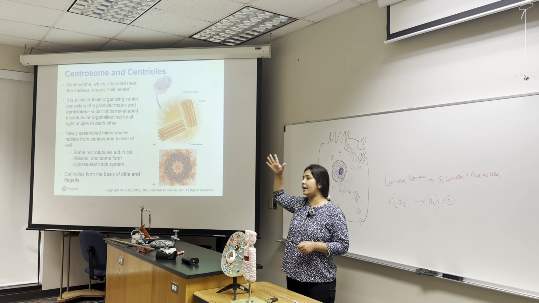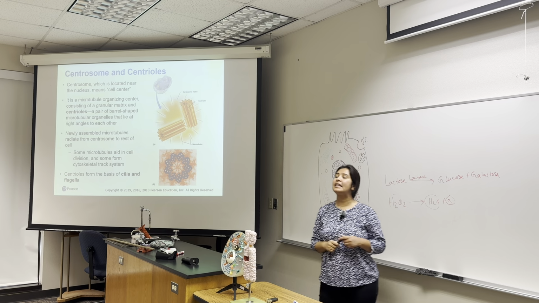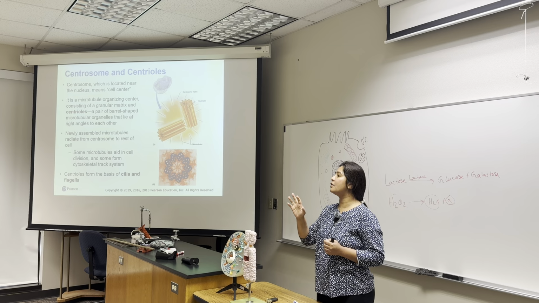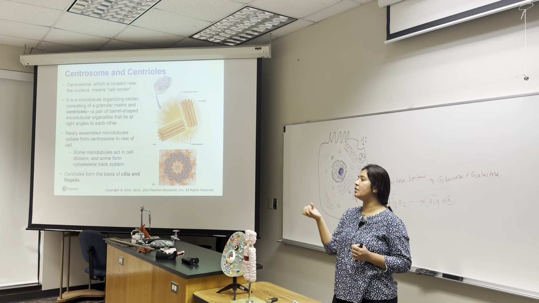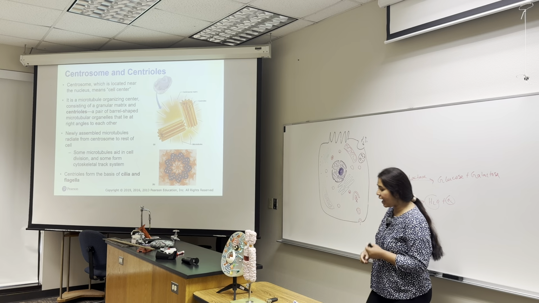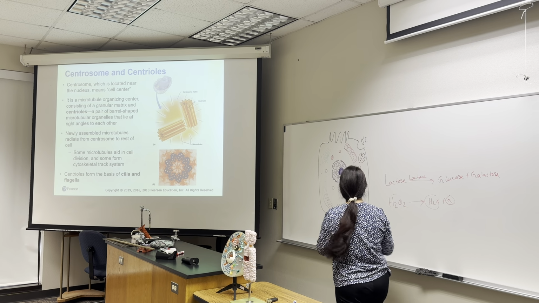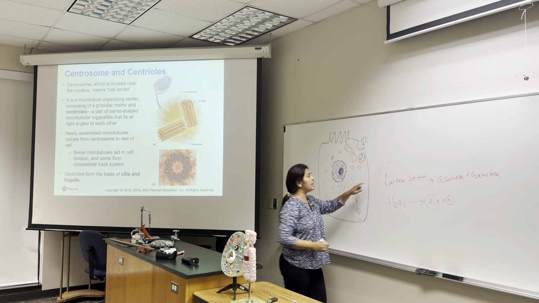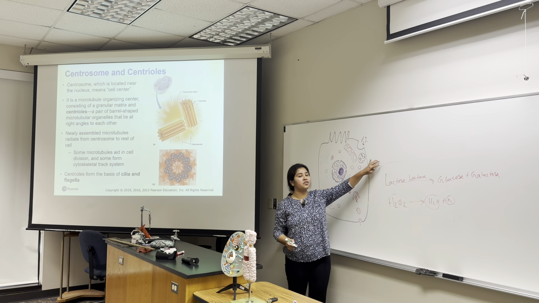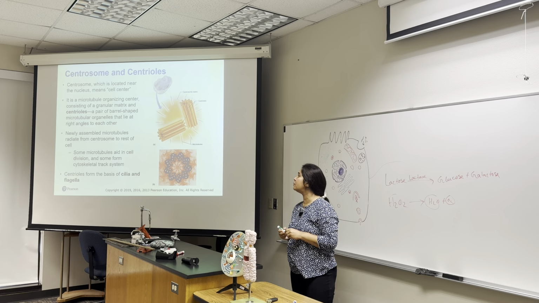Villi, microvilli. Okay, usually you see the microvilli in your intestine to increase the surface area so that they can absorb the nutrients very efficiently, right? And sometimes you can have flagella. Flagella is for moving. Okay, the reason you can hold this structure is because of the presence of the what?